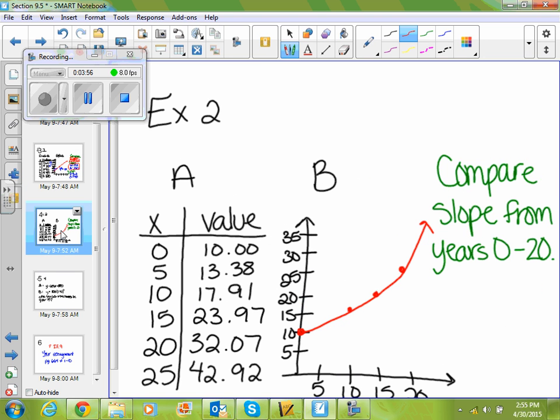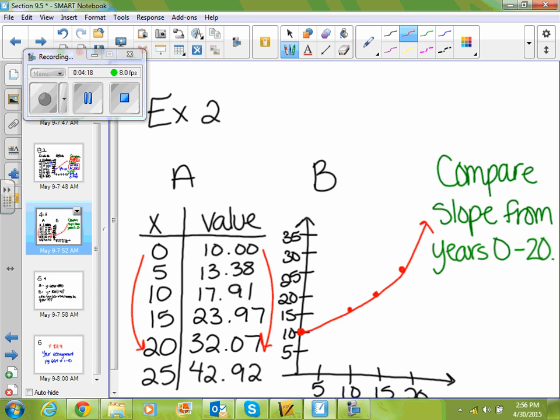So if I do the same thing for example 2, I'm given that an investment analyst offers 2 different investment options, investment A and investment B. We need to figure out which one's going to make us more money. So we're going to compare our slopes. From 0 to 20, when it gives you an interval, that's what you go by.